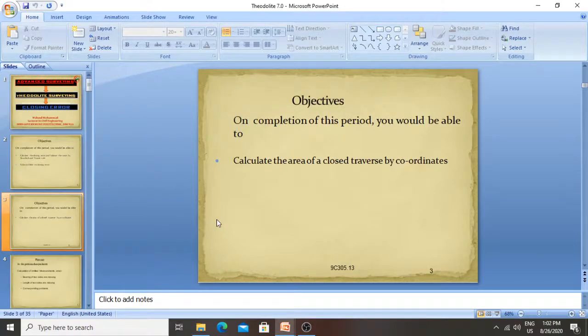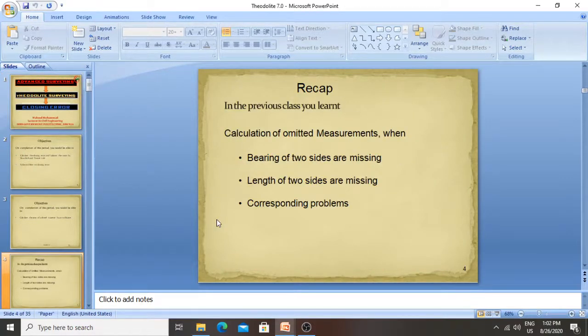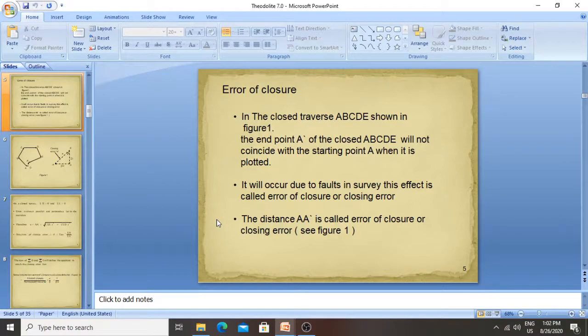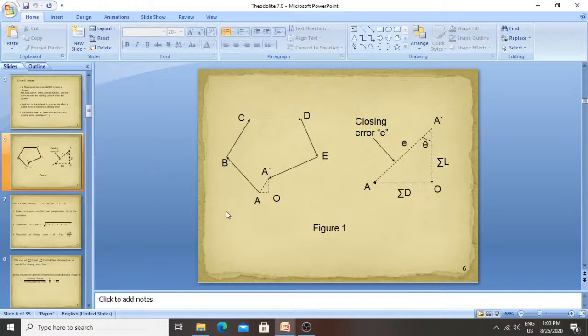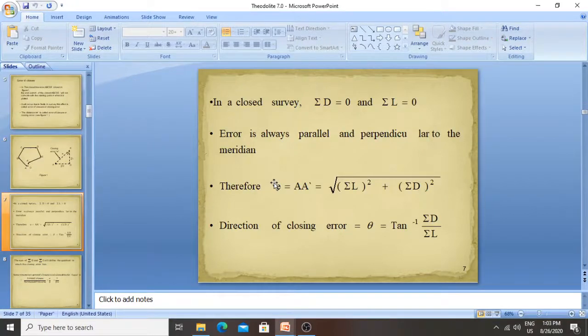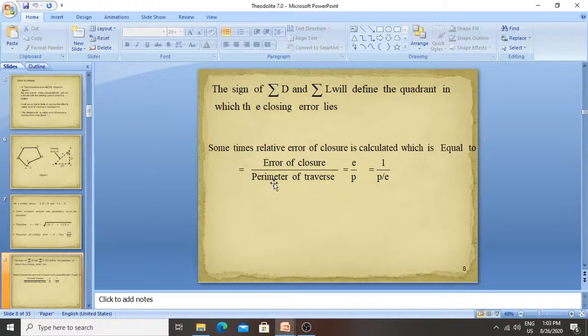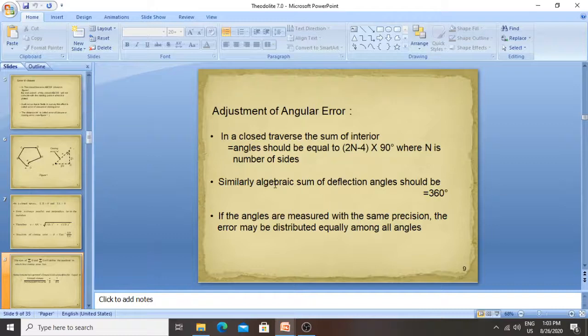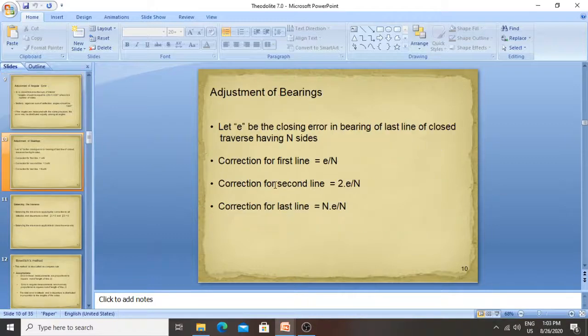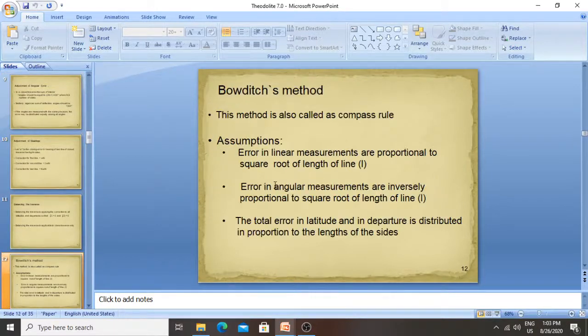This closing error, while plotting, will become a closing error across. And what are the methods or rules for closing error, that is Bowditch rule or transit rule. We have seen all these things, and how to calculate the closing error, what is the length, distance, and direction, in what direction, by knowing the bearing you can calculate. Like that you have seen.